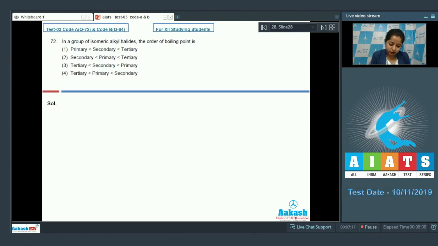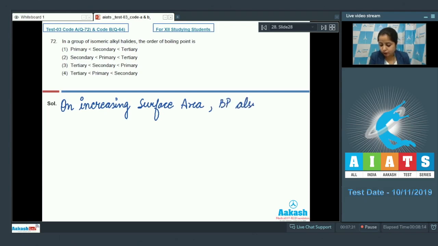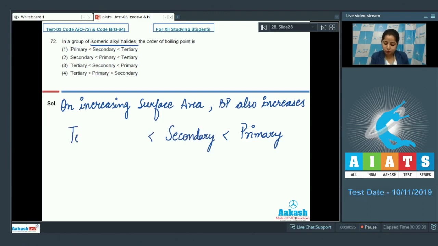For this question, we need to know that on increasing surface area, boiling point also increases. Class, as we all know, for isomeric alkyl halides, primary halides will have more surface area than secondary halides, which ultimately have more surface area than tertiary halides.